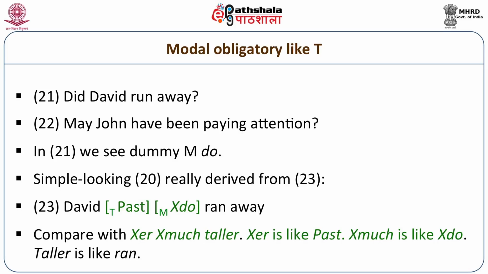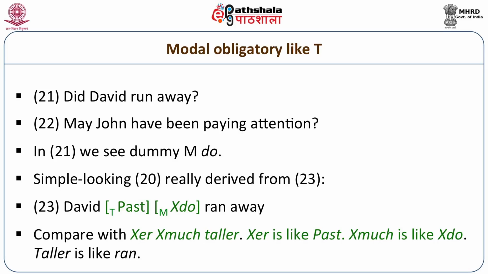Do is a default or dummy modal auxiliary which is doing the duty here of bearing the tense marking in the question construction to the left of the subject, David. This suggests that there is a modal present in every sentence when there is no substantive modal present such as may or might or can or could.